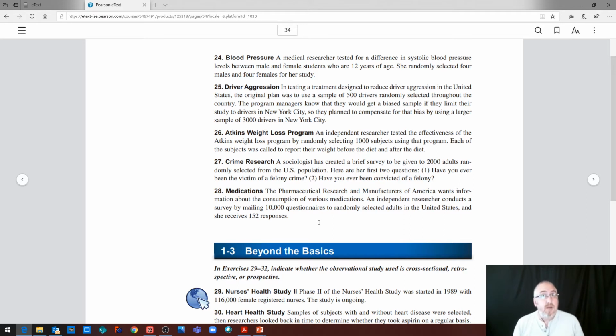Obviously not. So it was voluntary. Yeah, it's voluntary. So that means that's also a potential problem. They have a vested interest in completing that questionnaire and submitting it. So it was voluntary, it was mailed, the response rate was terrible. So there's 3 big problems with that whole thing. So that's kind of the idea with that.